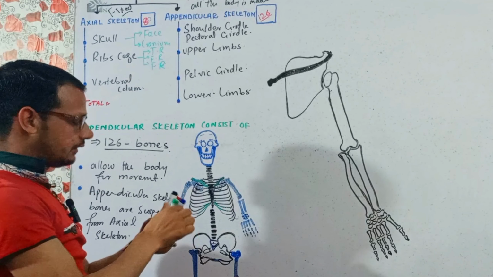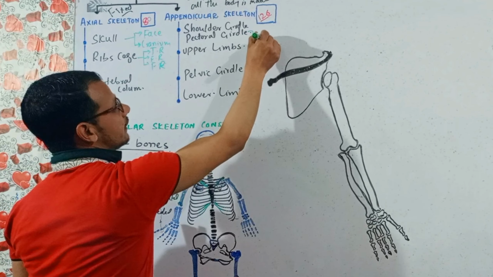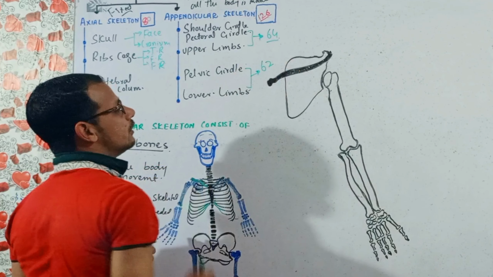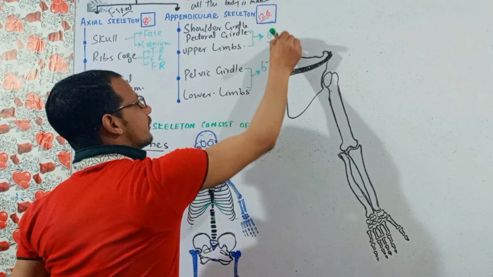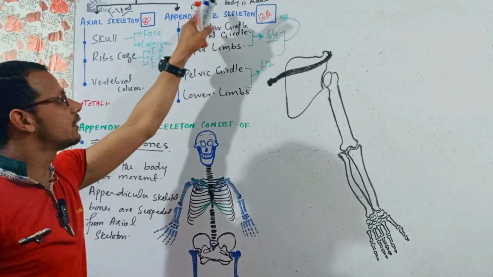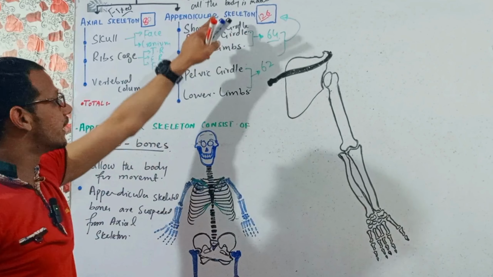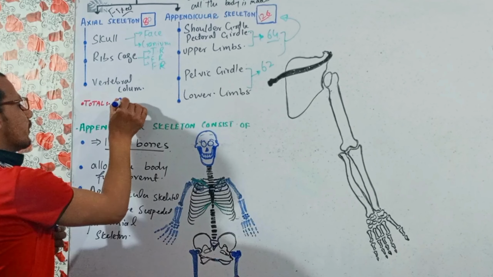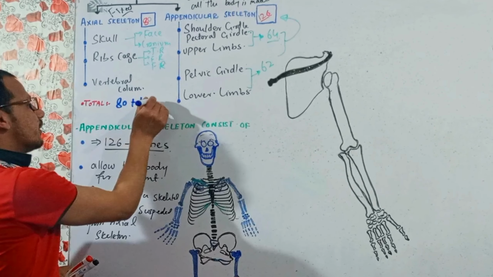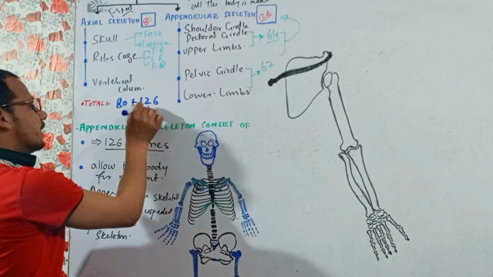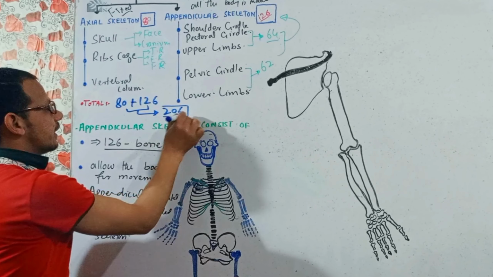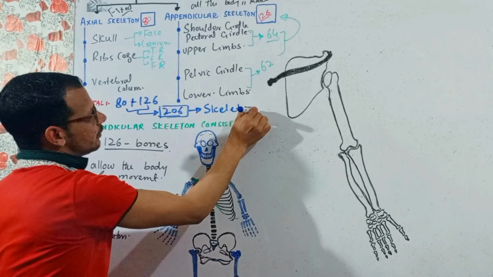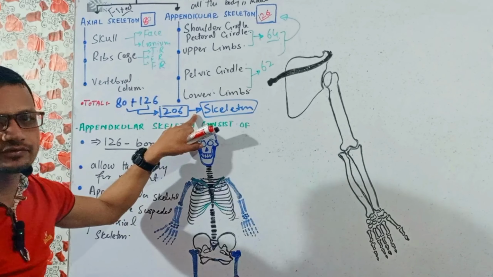Right, the shoulder girdle and upper limbs are composed of 64 bones, and the pelvic girdle and lower limbs are composed of 62 bones. So collectively it forms 126 bones. If we add the 80 bones present in the axial skeleton and the 126 bones in the appendicular skeleton, it forms 206 bones, and these 206 bones make our whole skeleton. So we can say that the human skeleton is composed of 206 bones in adults.